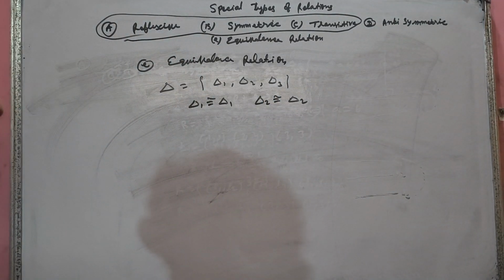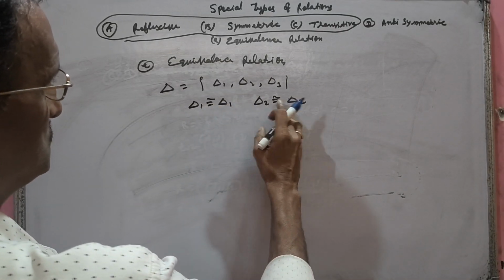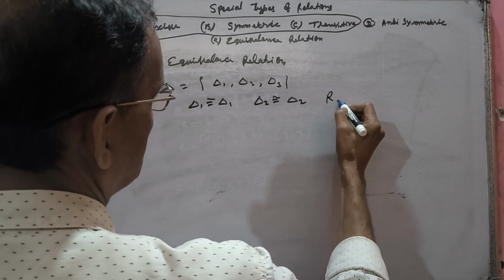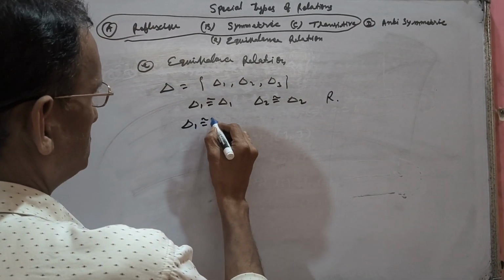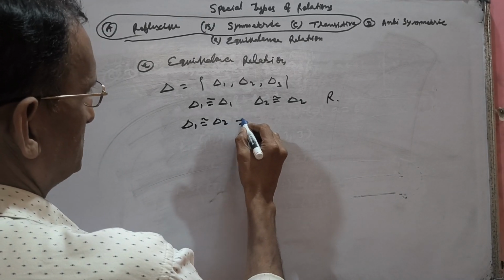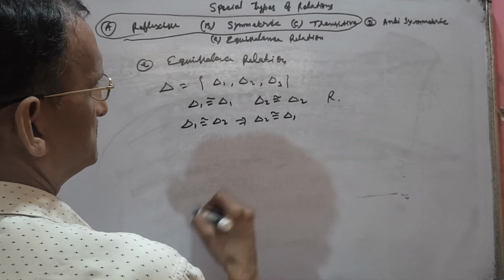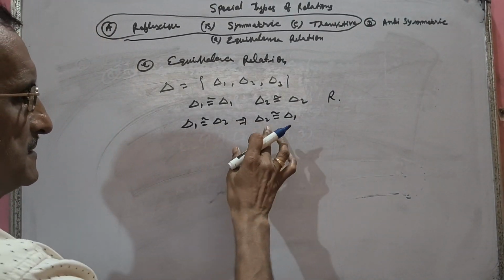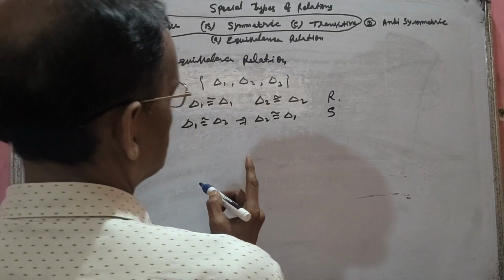Similarly for 3, so (1, 1) belongs to R, (2, 2) belongs to R; it is reflexive. If triangle 1 is congruent to triangle 2, then triangle 2 will be congruent to triangle 1. So (1, 2) is there, (2, 1) is also there, so it is symmetric. Clear?